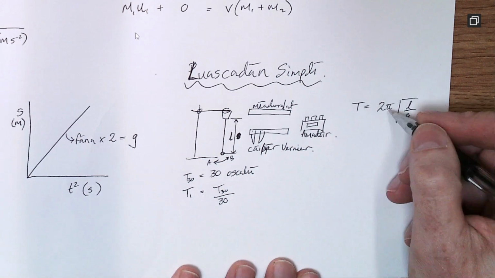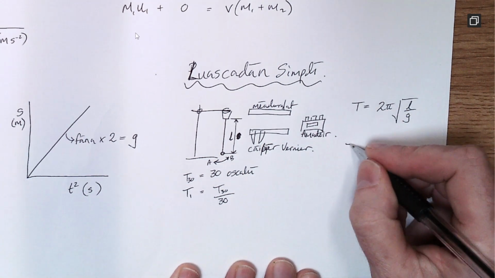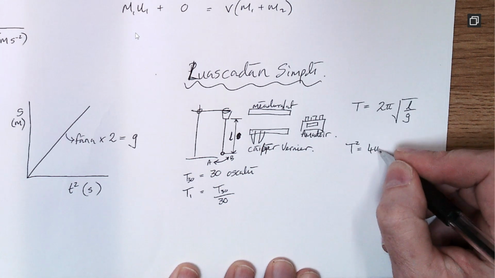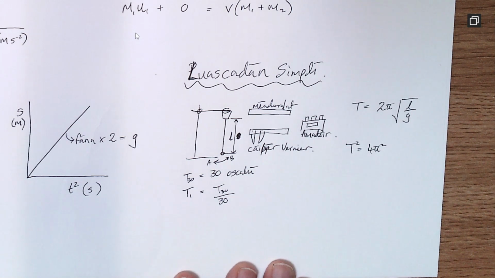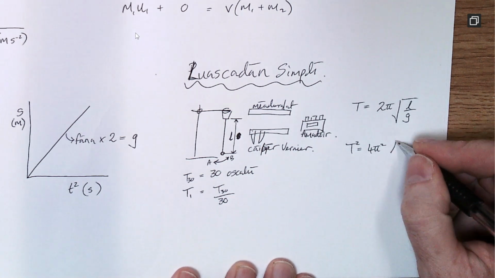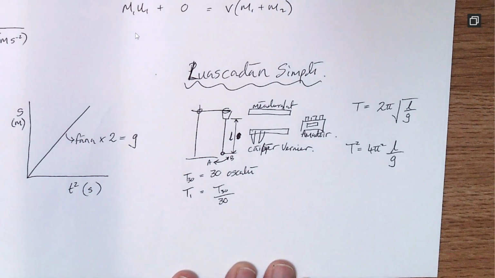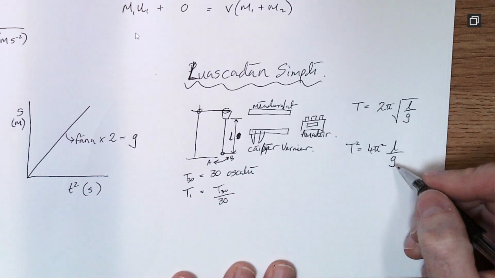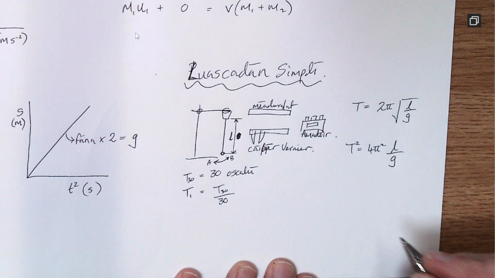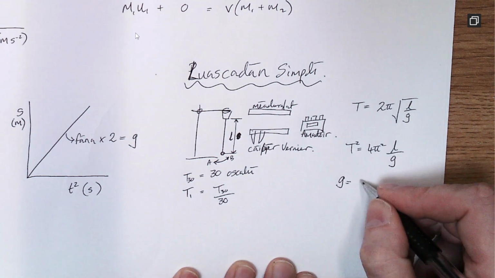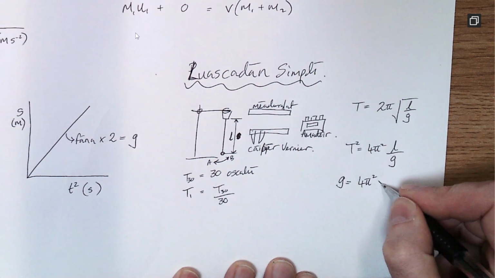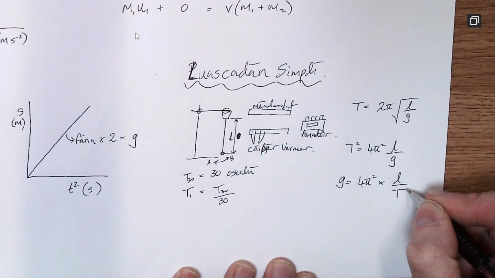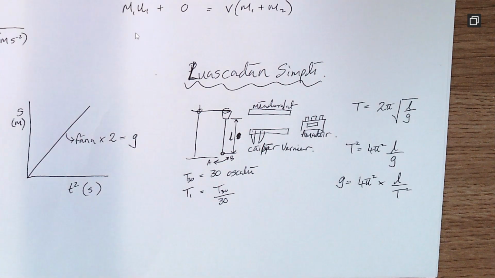So T squared equals 4 pi squared L over g. So g equals 4 pi squared L over T squared. And there's your formula.